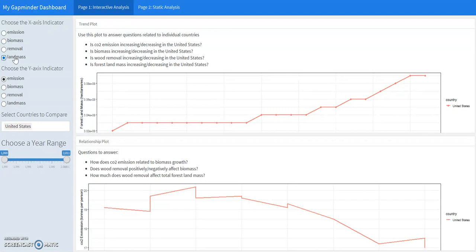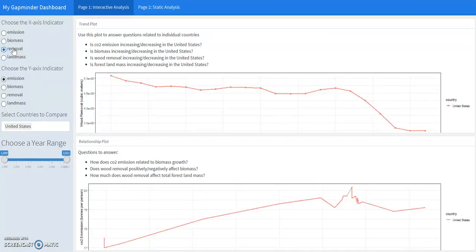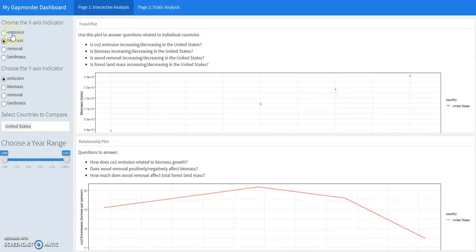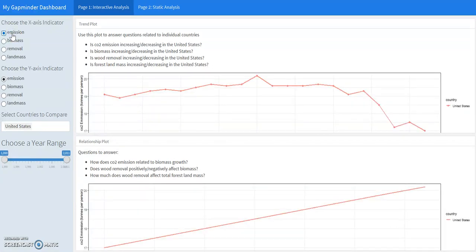You can see positive trend lines right there for land mass. Decreasing trend line over the past about 7 years here for removal. Biomass increasing. And CO2 emissions has actually been decreasing in the United States over the last about 6 years or so.